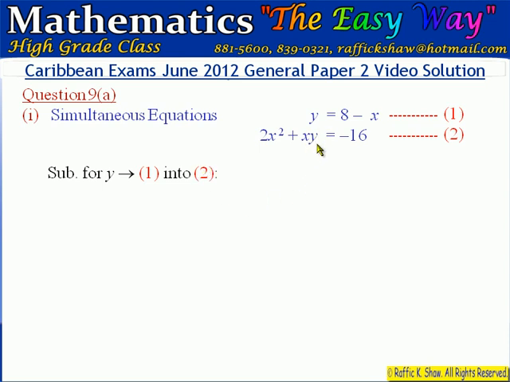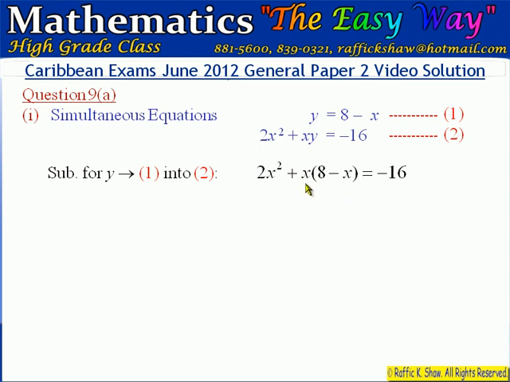So we are simply replacing this y with 8 minus x, because y is equal to 8 minus x in equation 1. So this second equation becomes 2x squared plus x, and the y here is replaced with 8 minus x, equals the negative 16 from here.